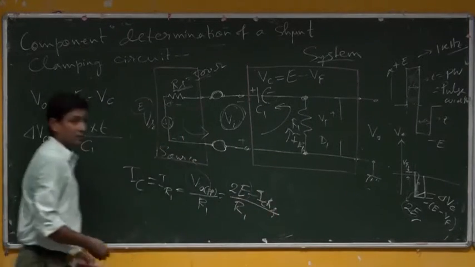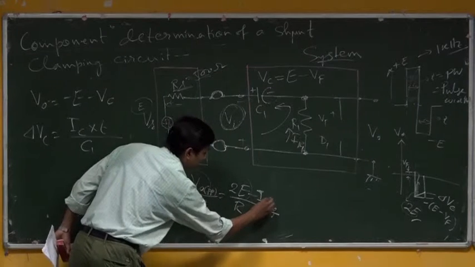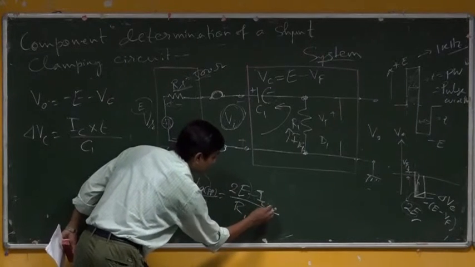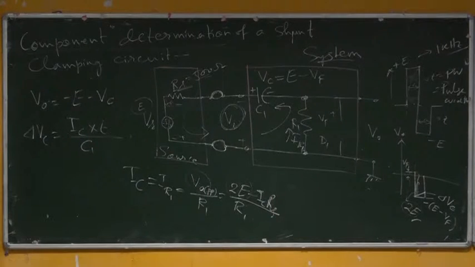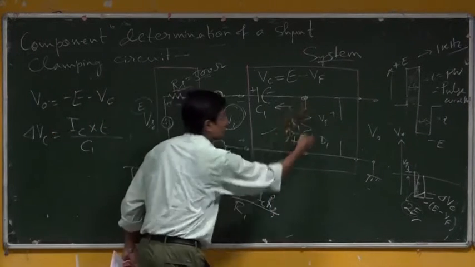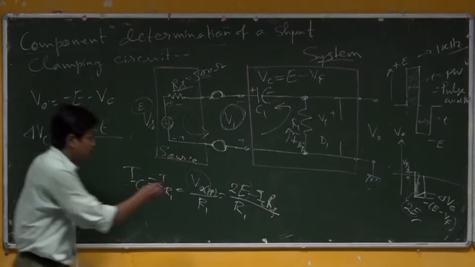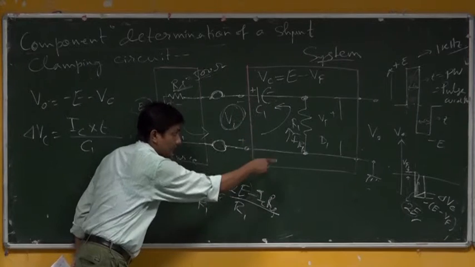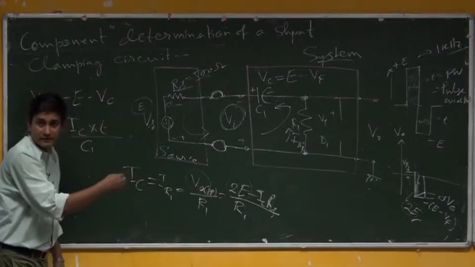This is the potential now. So this is Ic into Rs, this is the potential across this R1. What is the current through it then? The potential across R1 divided by R1 again.